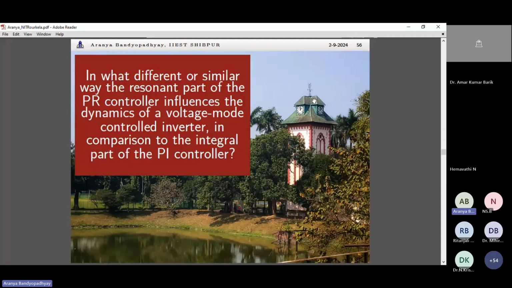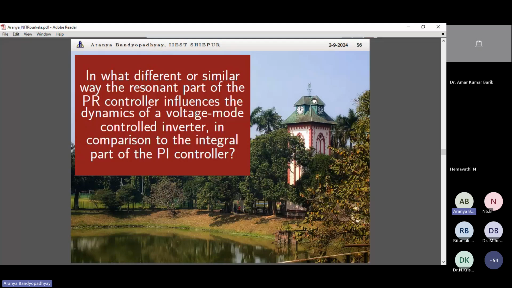But when it comes to the inverter, where our objective is to eliminate steady state error at the 50 hertz component, right? At the 50 hertz frequency, we have to incorporate a resonance term which would induce an infinite gain at that particular frequency, 50 hertz or 60 hertz.